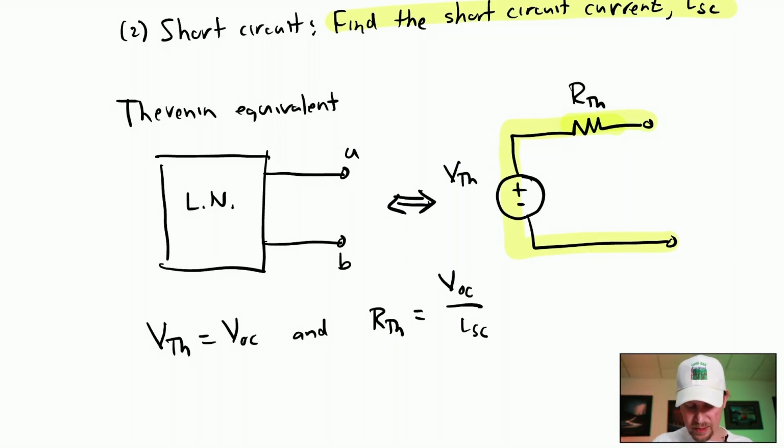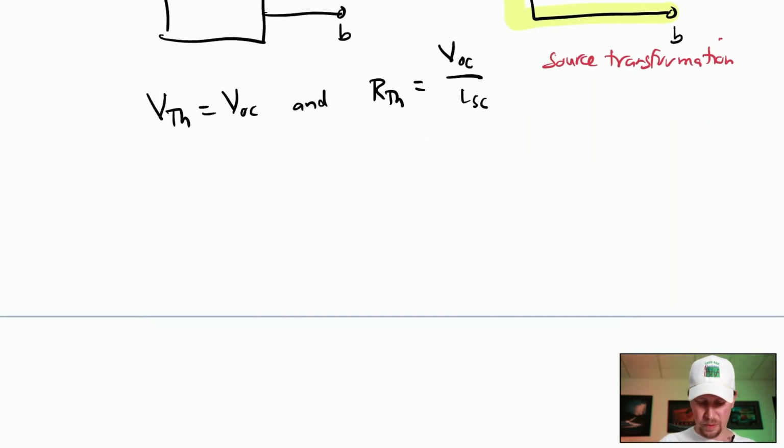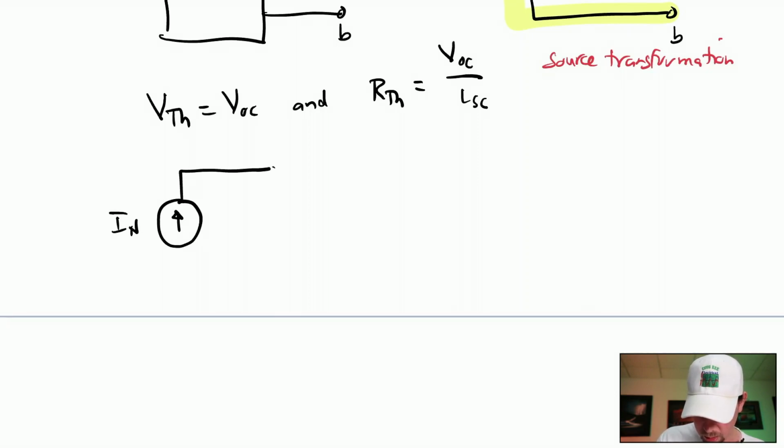So if you actually take this network and you perform a source transformation, then the equivalent that you will be left with will actually be a Norton equivalent. Right? So here, through a source transformation, that network does actually turn into the Norton equivalent network.